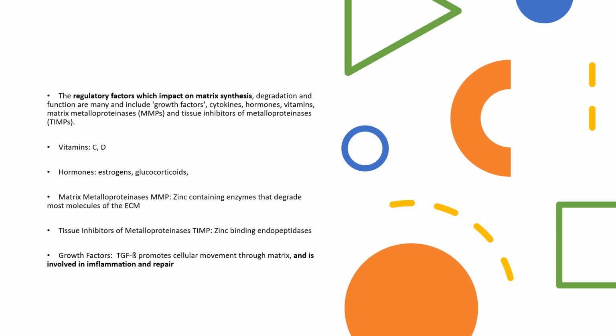TGF-beta also stimulates gelatinase or type 4 collagenase, and it plays a major role in inflammation and repair. Most growth factors directly or indirectly affect the matrix, which is a subject beyond the scope of this discussion.